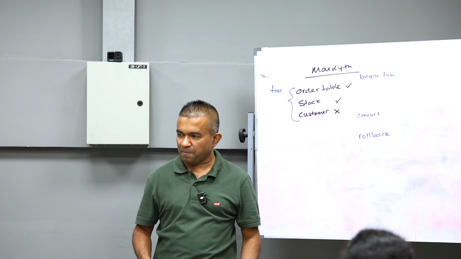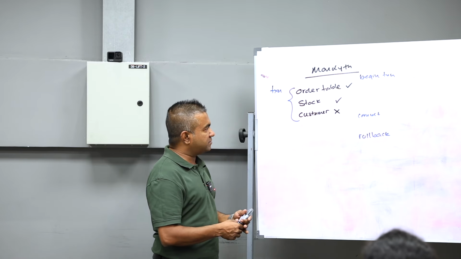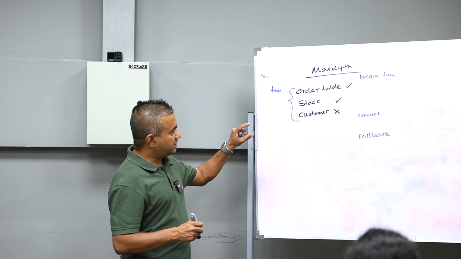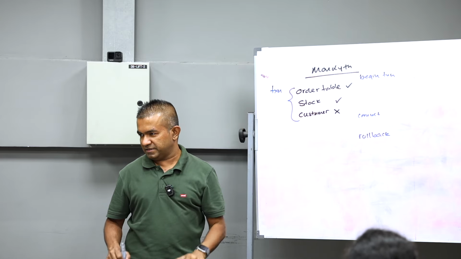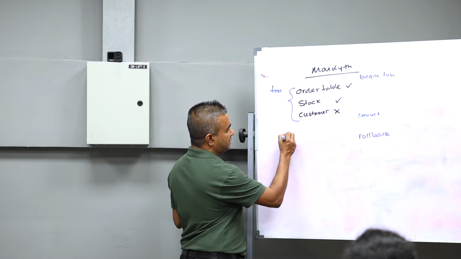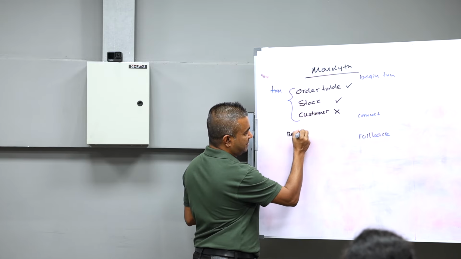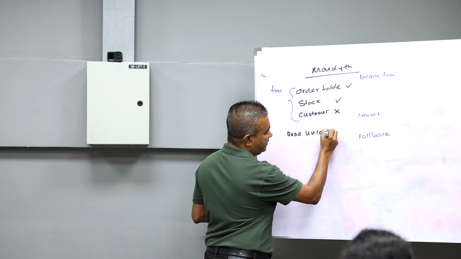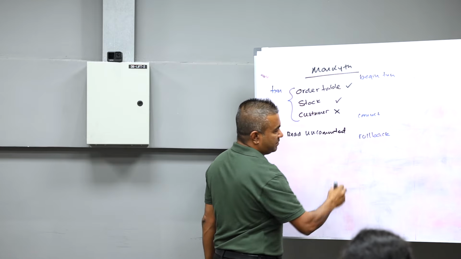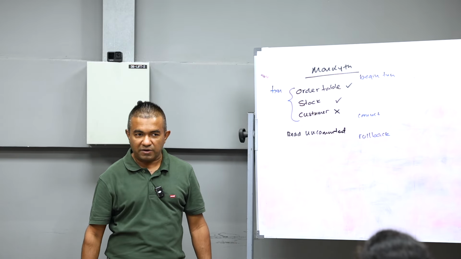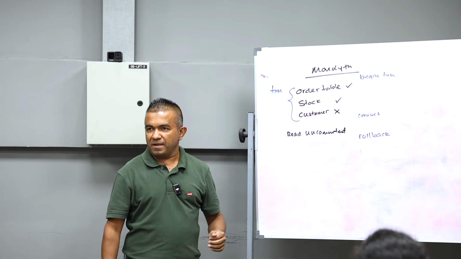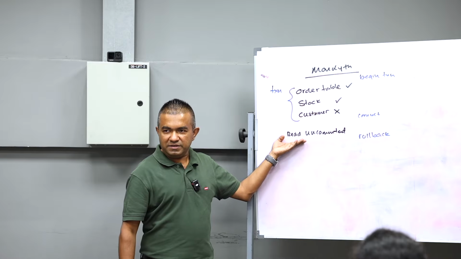I have seen developers sometimes write queries putting the statement called read uncommitted. You can say select with read uncommitted. This is very bad. It is okay for development, but I have seen people pushing this to production without knowing what it is. What does read uncommitted mean?